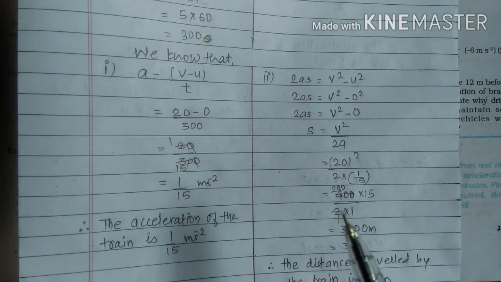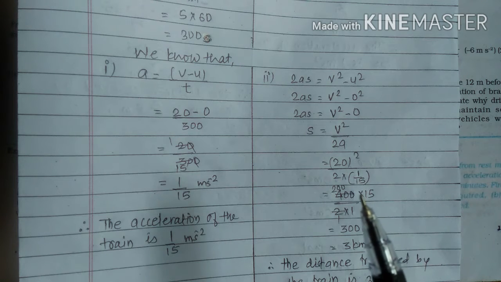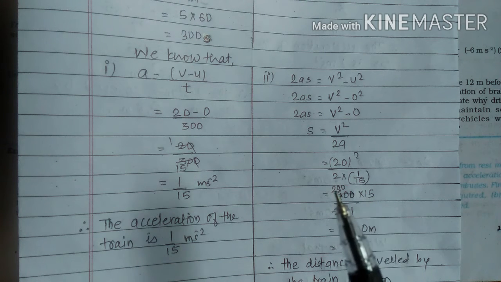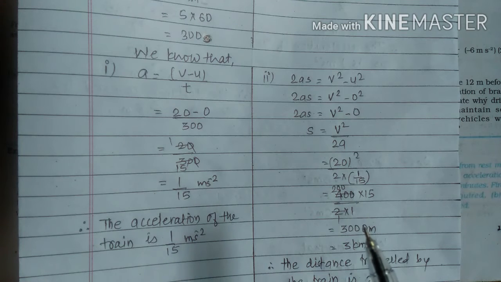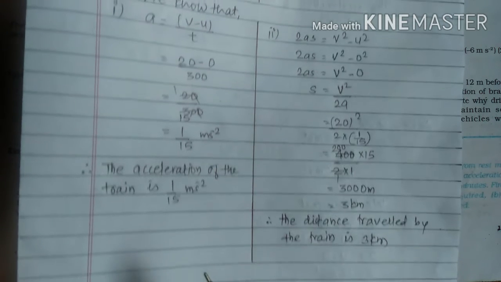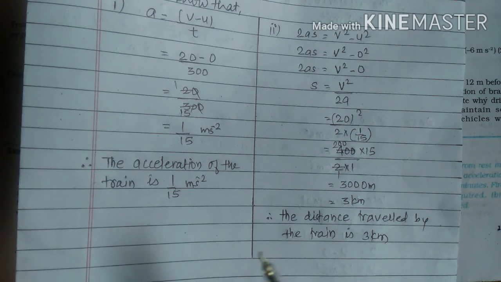Then we divide, 2 2s are 4, 200 into 15 is 3000 meter, in kilometer only 3 kilometer. Now the distance traveled by the train is 3 kilometer.